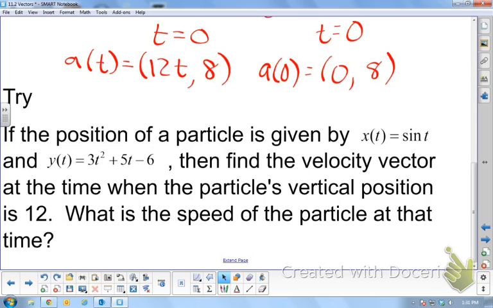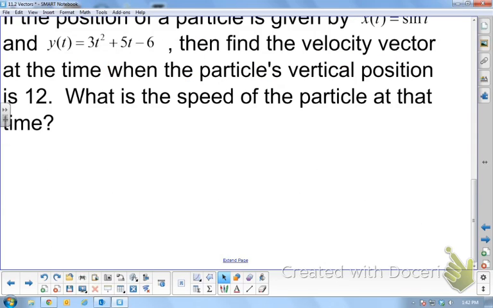On the speed, you just put your answers into the formula for speed. So we had to find our t values by setting y of t equal to 12.